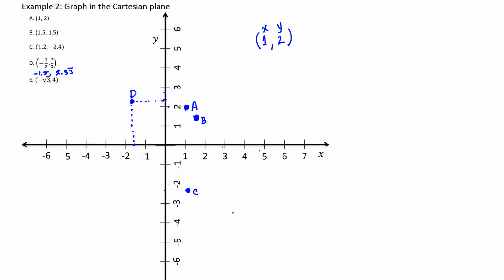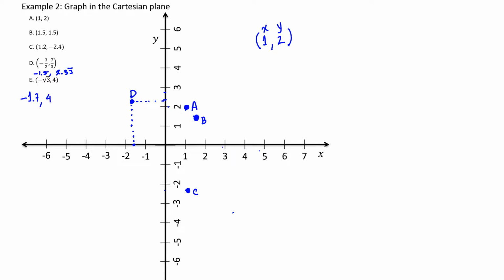The last one, we need to figure out the approximation for the square root of 3. Now the square root of 3 is equal to 1.73, and then it continues on forever. So we're going to approximate to 1.7. Okay, that's the closest approximation that we can have. And it's negative.